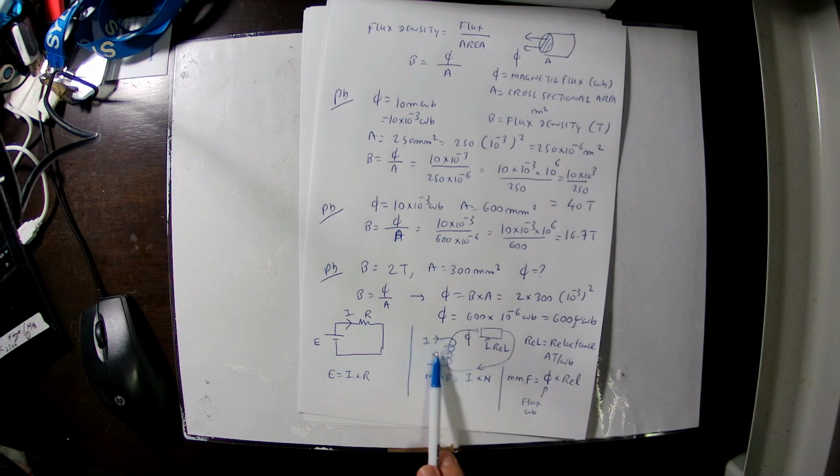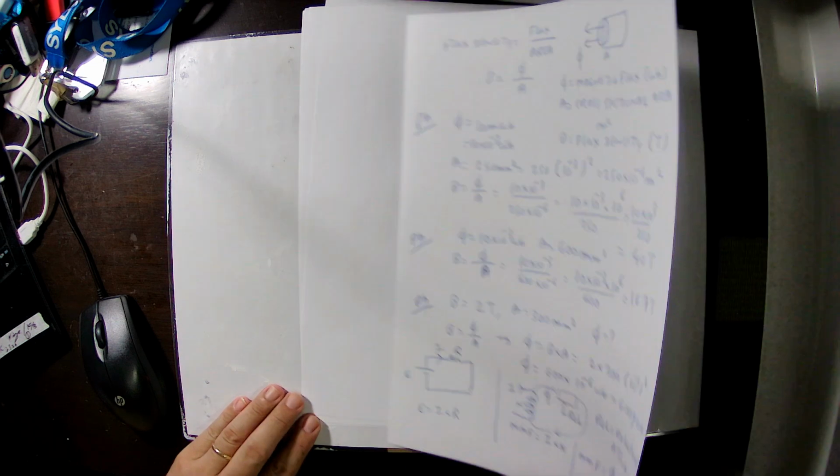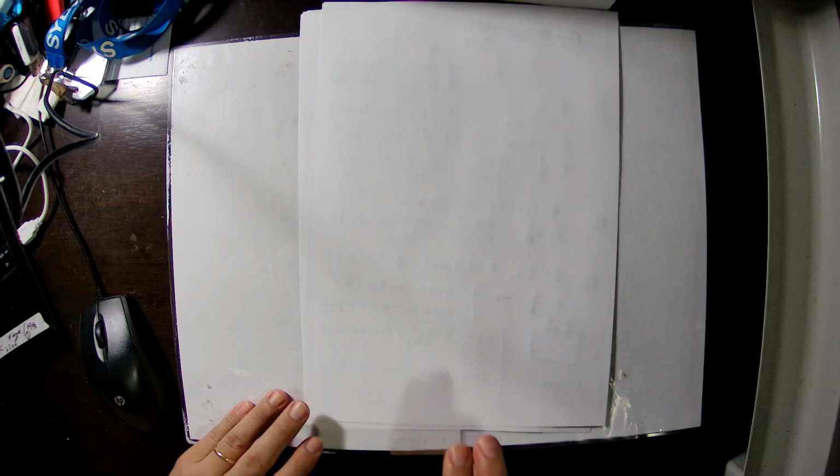So this is the coil. Current flows to the coil with number of turns N. So I multiplied by N is the magnetomotive force. This magnetomotive force is equal to flux multiplied by reluctance. Reluctance is similar to the resistance. So phi multiplied by reluctance is also equal to the magnetomotive force. This is the way we calculate the magnetomotive force. So based on this, now we solve the problem.